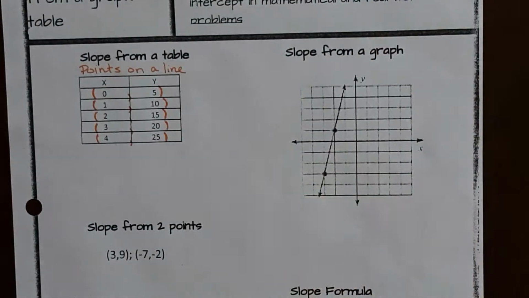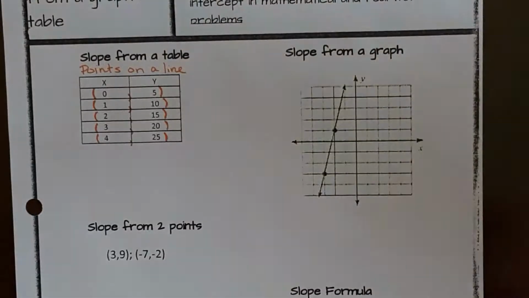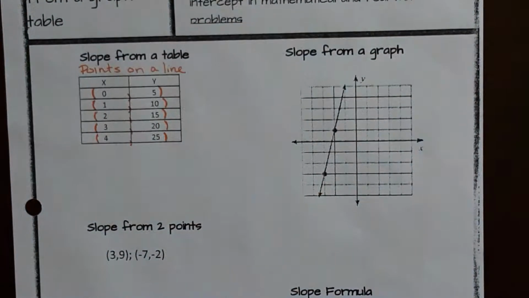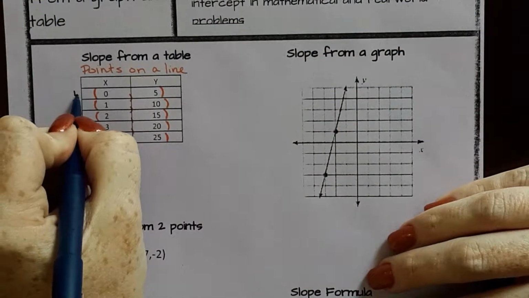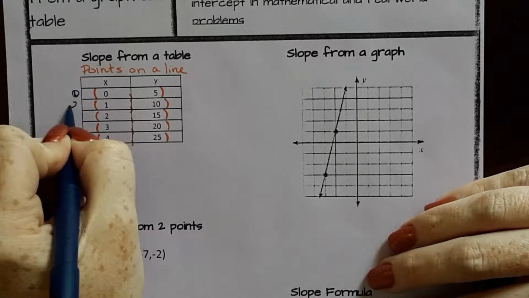So the way we will use the formula in this case will be to pick 2 points and plug them into our formula. So for this instance, I'm just going to pick the top 2 points here. This is going to be my point number 1, and this will be my point number 2.